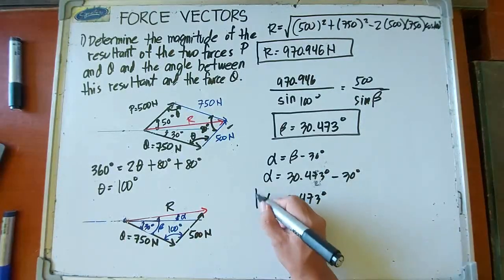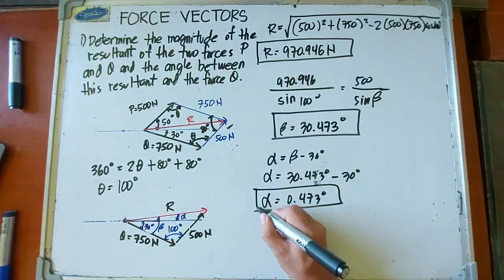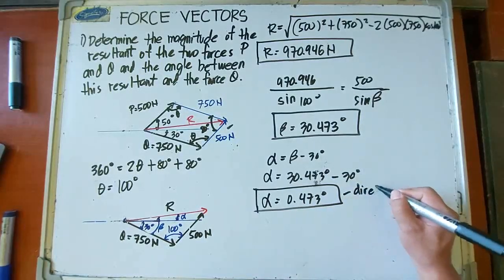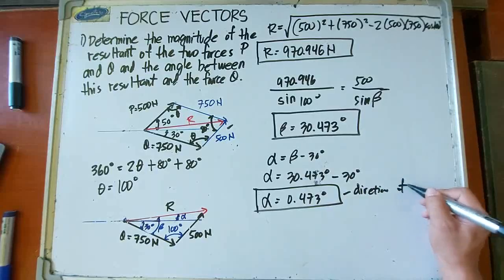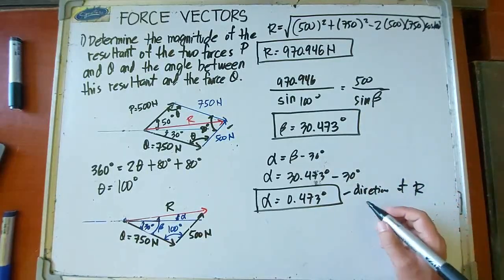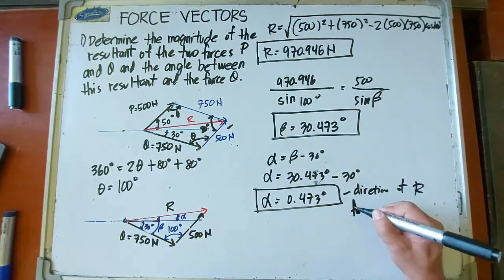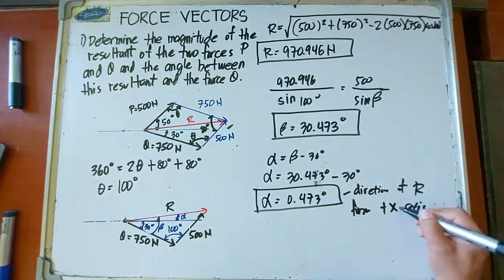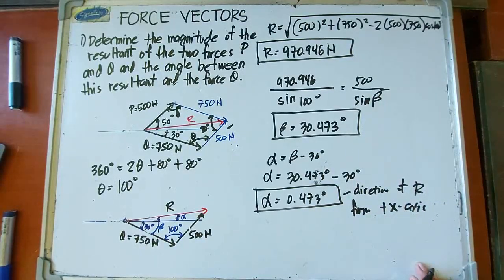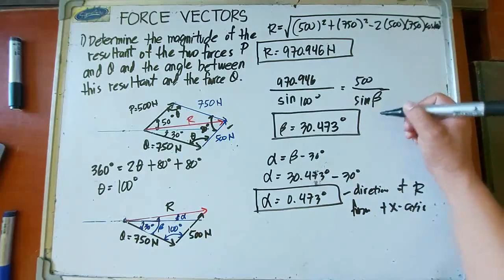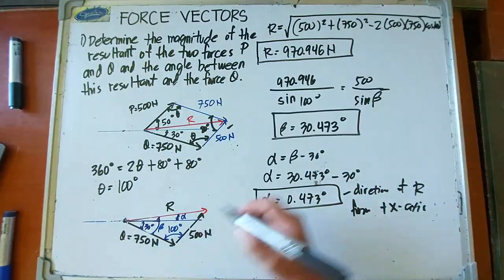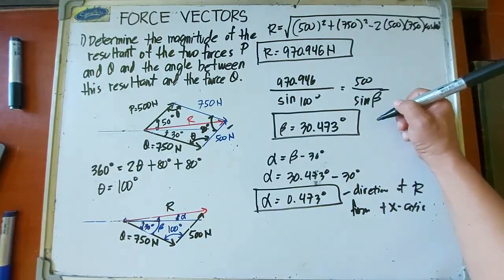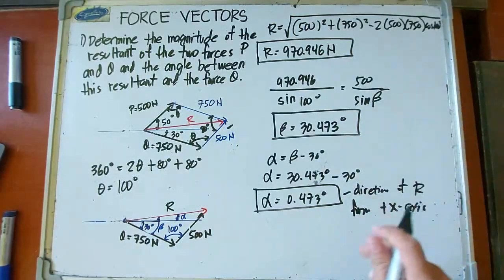So this is the angle direction of R from the positive x axis. Ito yung direction naman ng R relative to Q is 30.473 degrees. So yan. So madali lang.